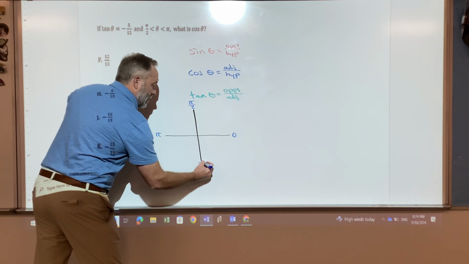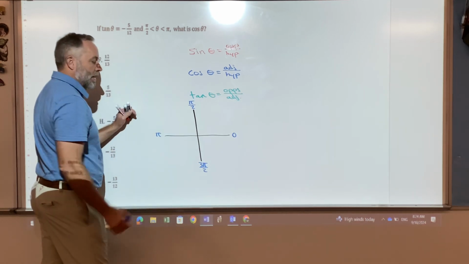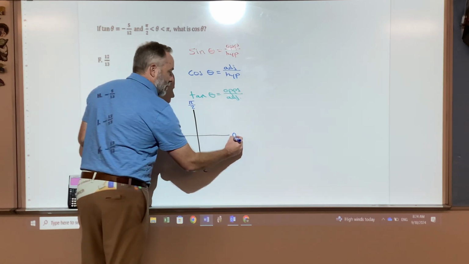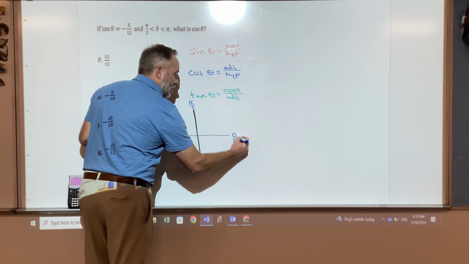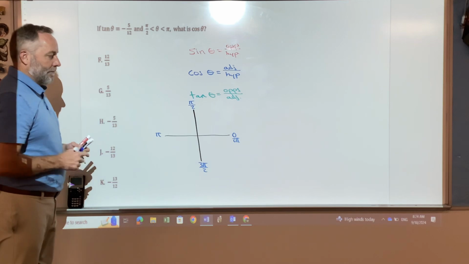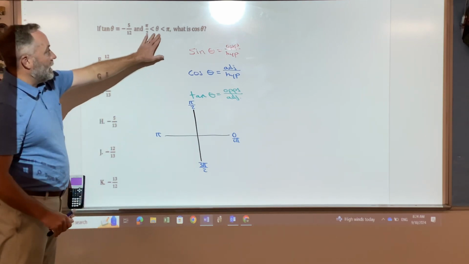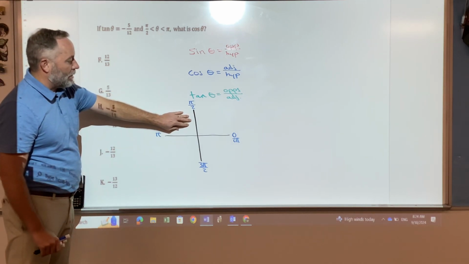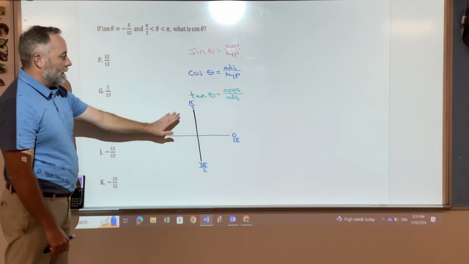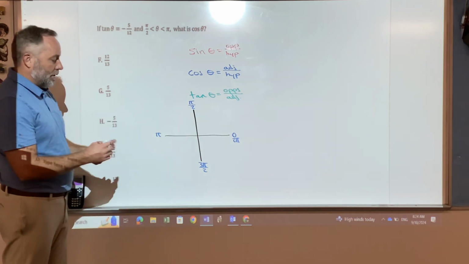This would be 3 pi halves, so 1.5 pi, and then all the way back around the circle to the start would be 2 pi. So what this is telling us is that the location of our angle is in the second quadrant.